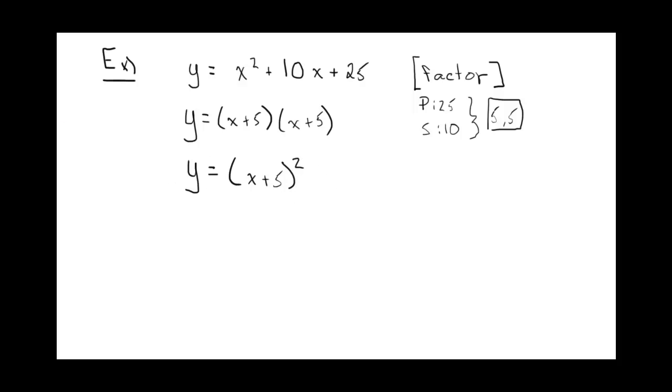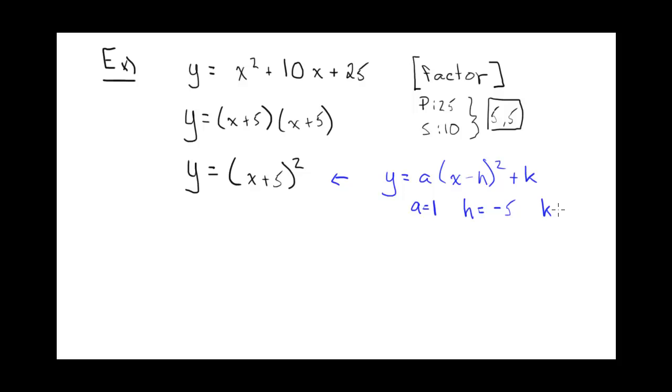Notice this thing right here is your vertex form. y equals a(x minus h) squared plus k. This is in this form. a is equal to just 1 because there's no number there. h is always the negative of this, so negative 5. Right, it's plus 5, but it's the opposite sign.